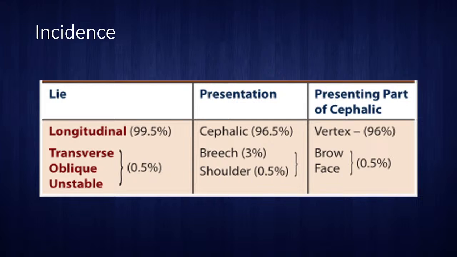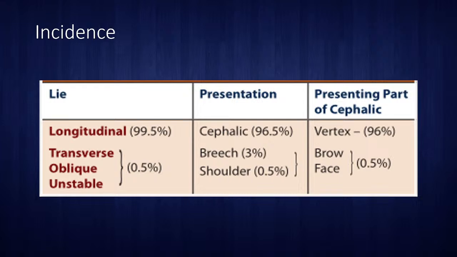Longitudinal lie is 99.5%, fetus in longitudinal disposition, and the second one is transverse, third is oblique, and unstable. So longitudinal is the commonest, and these three comprise around 0.5%.